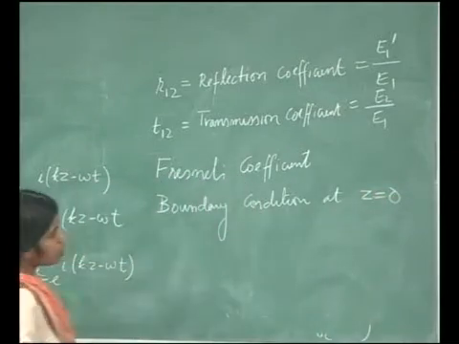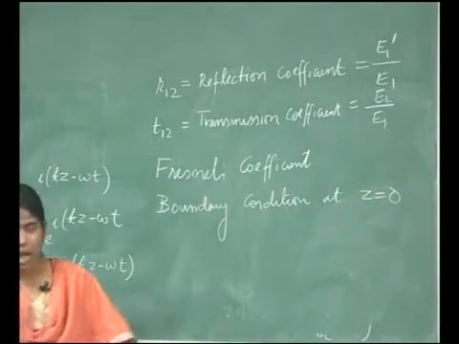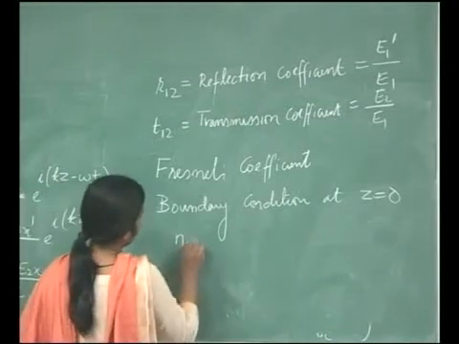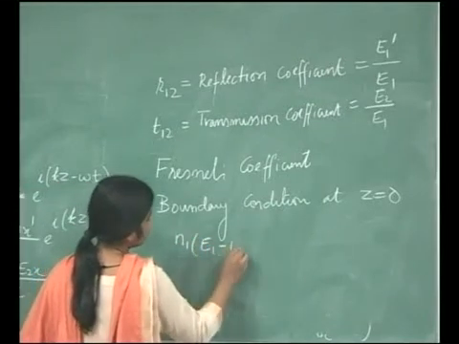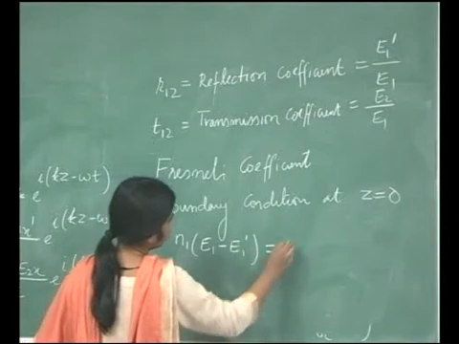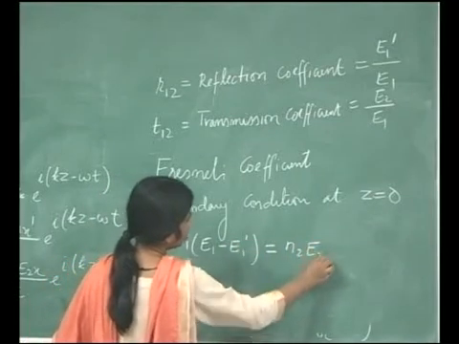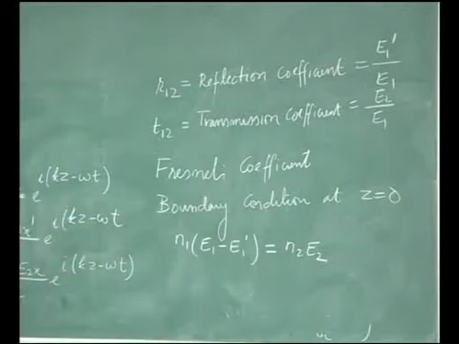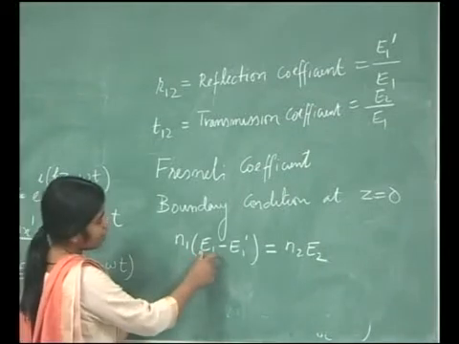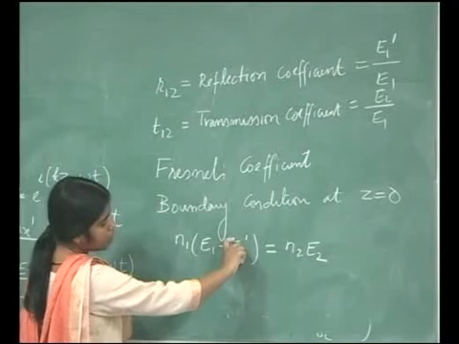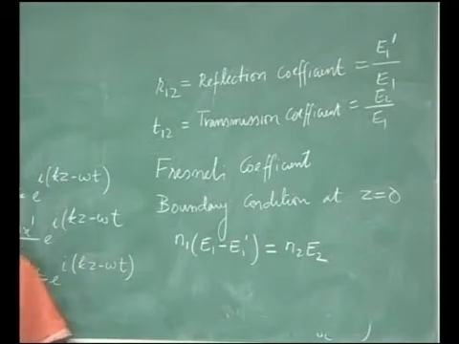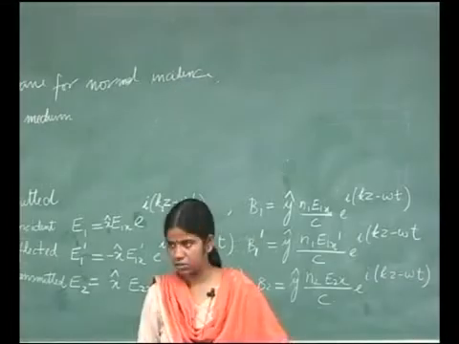So if I apply the boundary condition for electric field, I will have E1 minus E1 dash should be equal to E2. Okay? Is it okay? This is clear. That only if E1 is the total, then if I subtract the reflected part, then the remaining should be the transmitted part, and I am assuming that my interface is lossless.